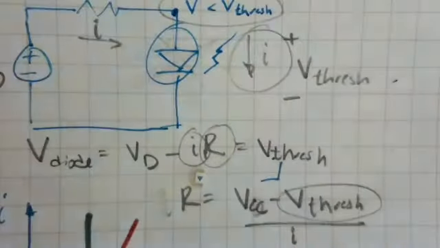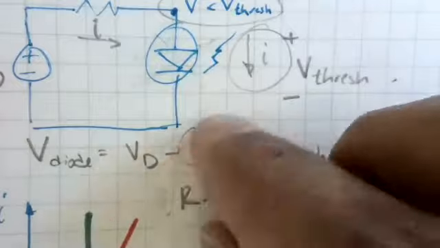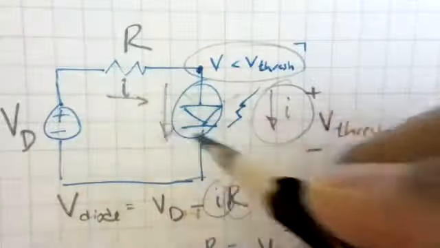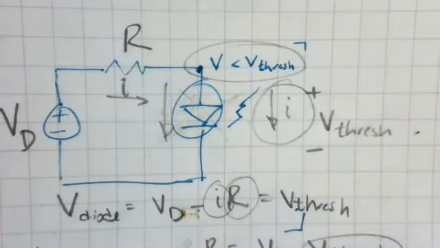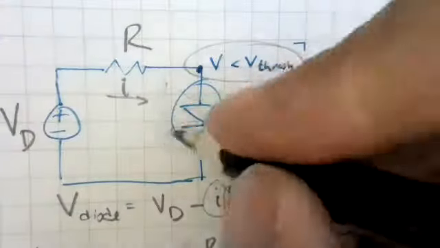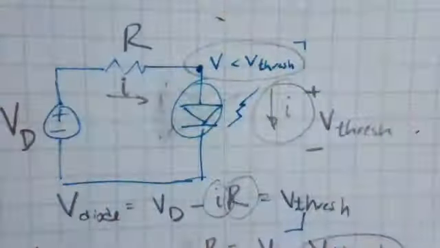So something important about this diagram is that current can flow in this direction if the voltage is high enough, but current can't flow in this direction, right? So current doesn't flow in that direction. That's sort of the standard model of the diode.